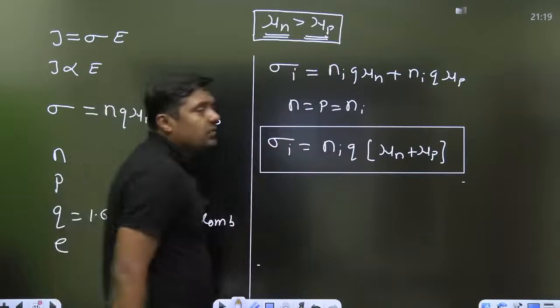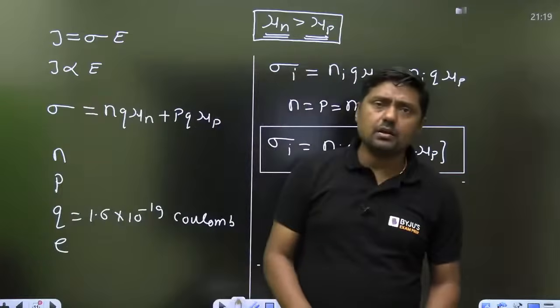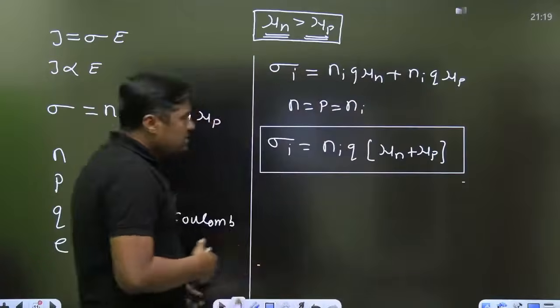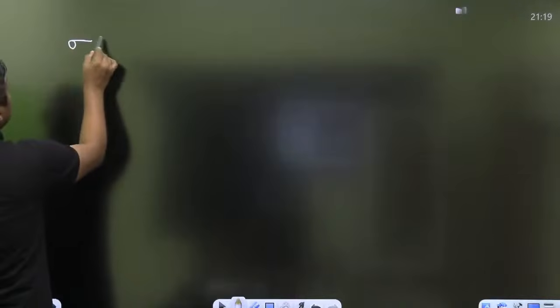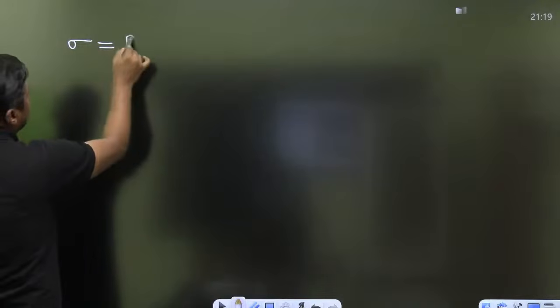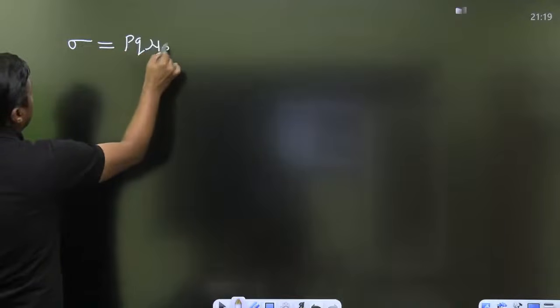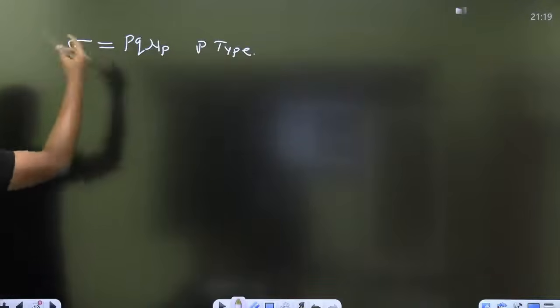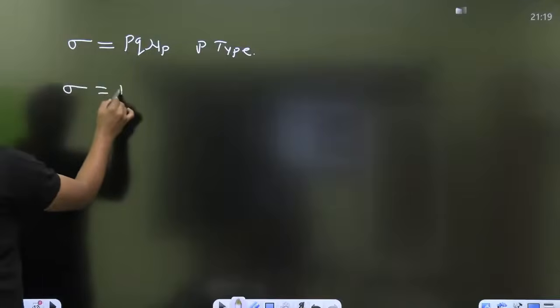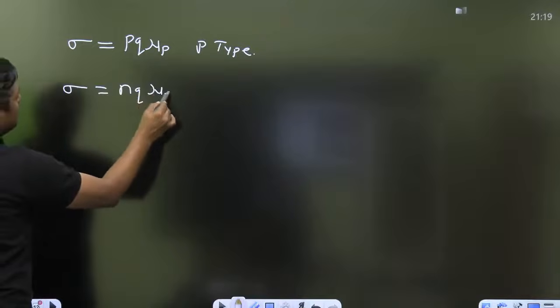That's why the contribution of electron is more. Very simple reason. When we are saying that it is p-type, then the conductivity is mainly due to holes, that is PQ mu P. When we are saying that it is n-type, then the conductivity is mainly due to electron, NQ mu N.